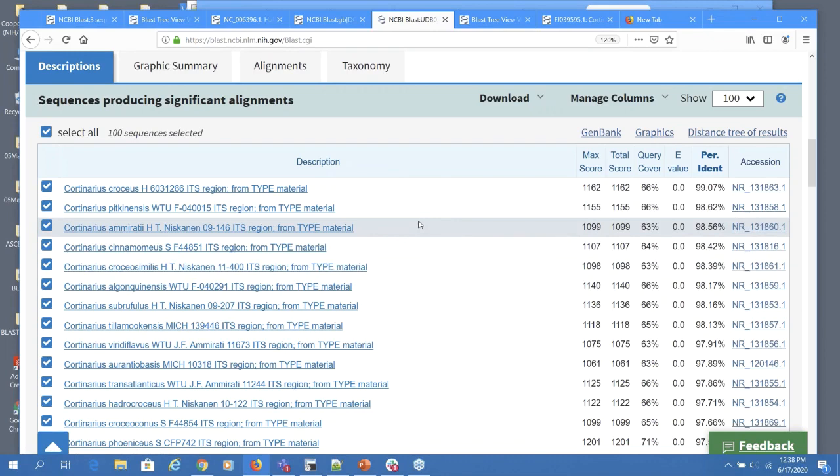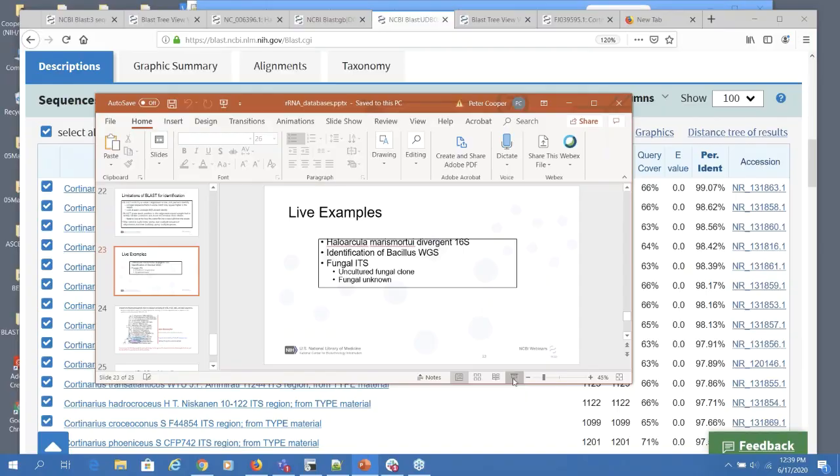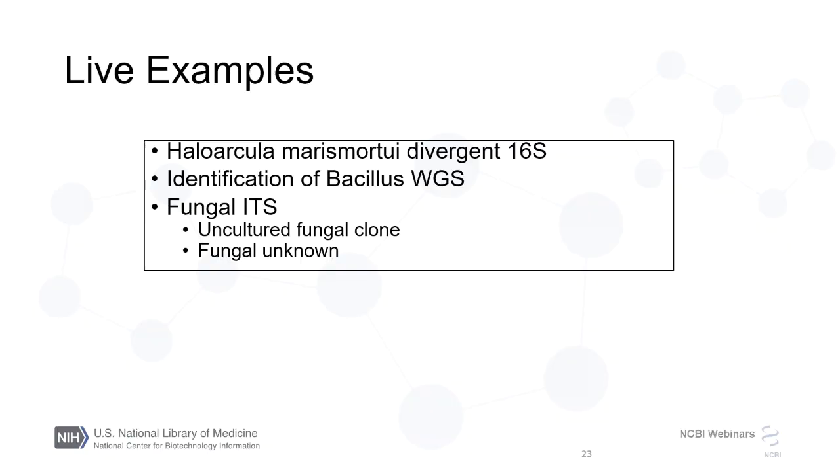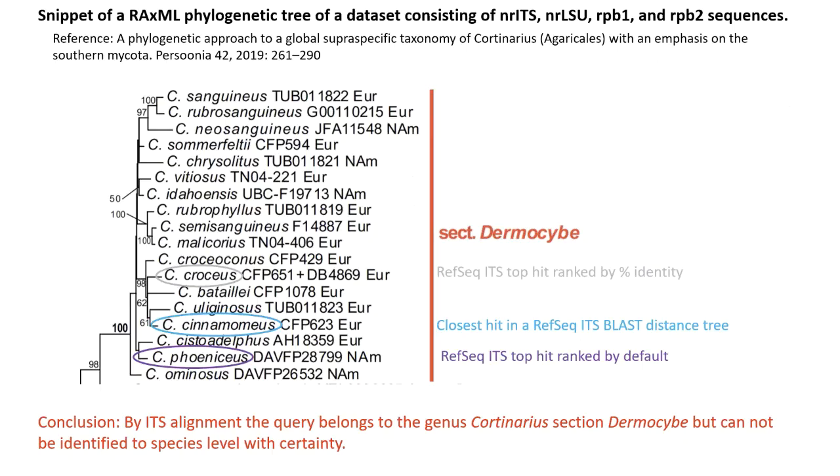In fact, there's a slide that Barbara provided for me that shows you what the phylogenetic analysis was like when they did these species that we've looked at just now. I'm going to switch back to the slides for a minute to show you the results of that. So these are the species that we've looked at, the croceus, the cinnamomeus, and phoeniceus. They're all in here.